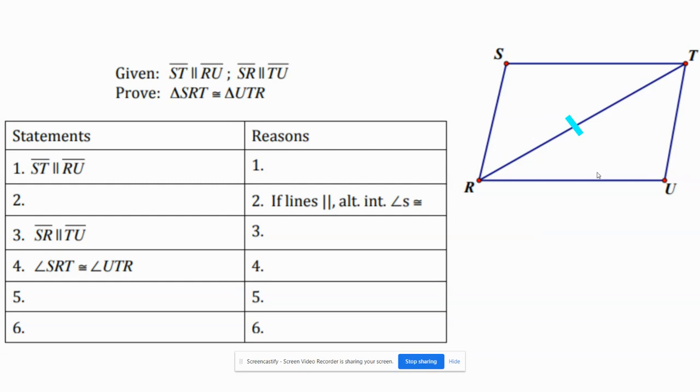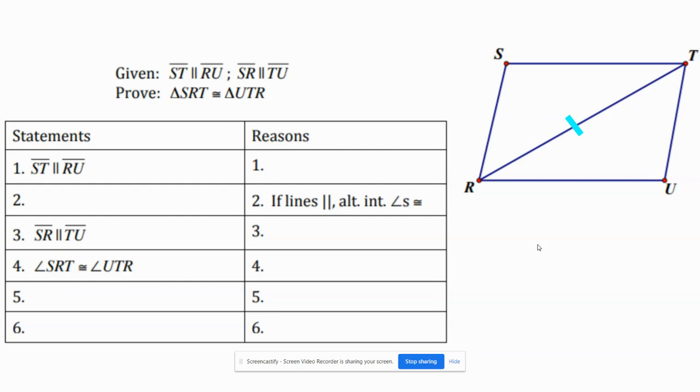All right. Apparently I forgot to make that tick mark come in later, but that's fine. We'll deal with that when we get there. So on this proof, I see that lines are parallel. Since I have lines that are parallel marked in this given, I need to keep in my brain all of those things about parallel lines that we talked about when they're being cut by a transversal.